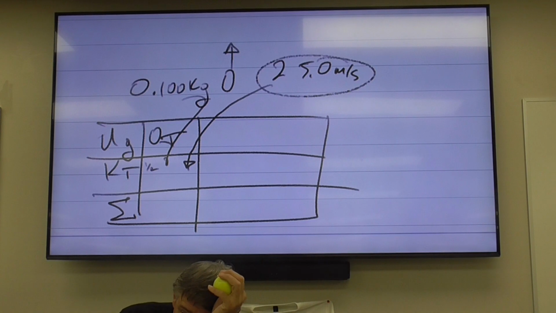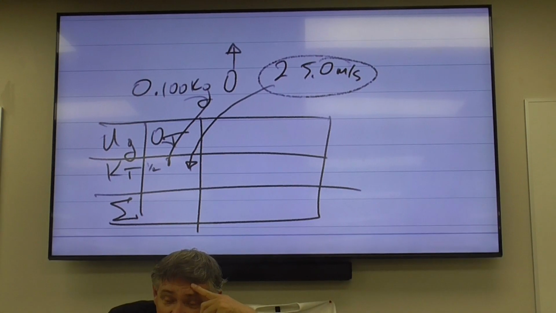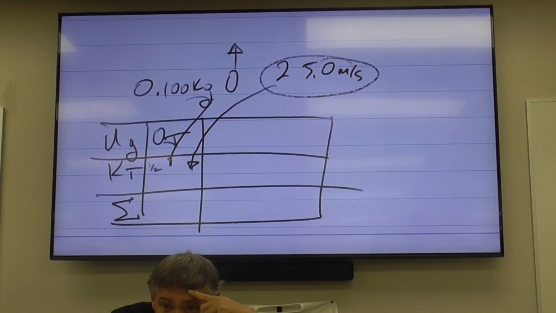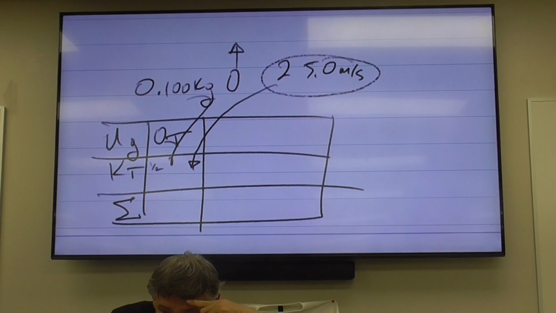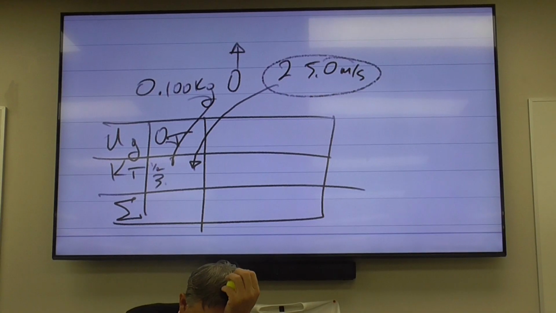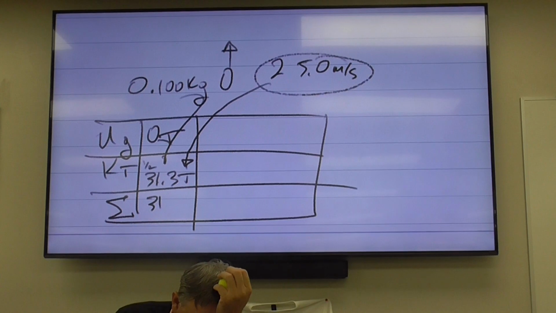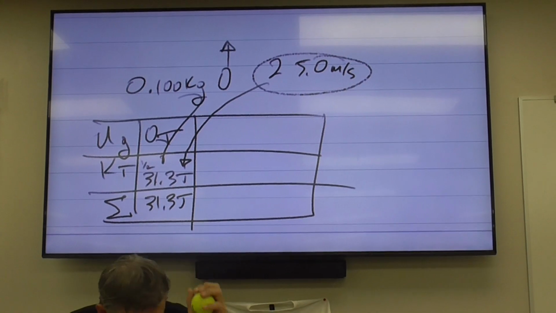Everybody cool with that? Because if that number is wrong, everything is wrong. So we're solid at 31.3, or 31.25, depending on how many sig figs you want. 3 is cool. So now I got 31.3 joules.